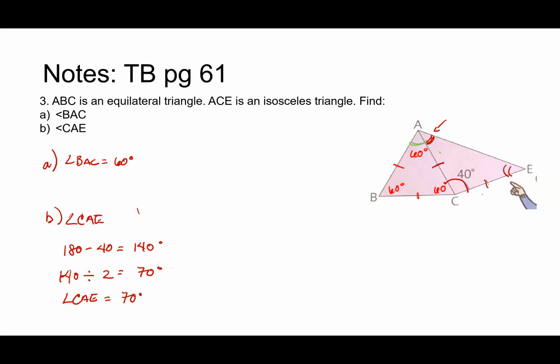We have the vertex angle, which is 40 degrees. Since all 3 angles need to add up to 180 degrees, and the 2 angles that are opposite the equal sides, the sides that are equal, those angles are also equal. So if we took 40 degrees away from 180, we'd get 140. The 140 is the measure of those 2 angles added together. So we just need to divide by 2 because they're equal.